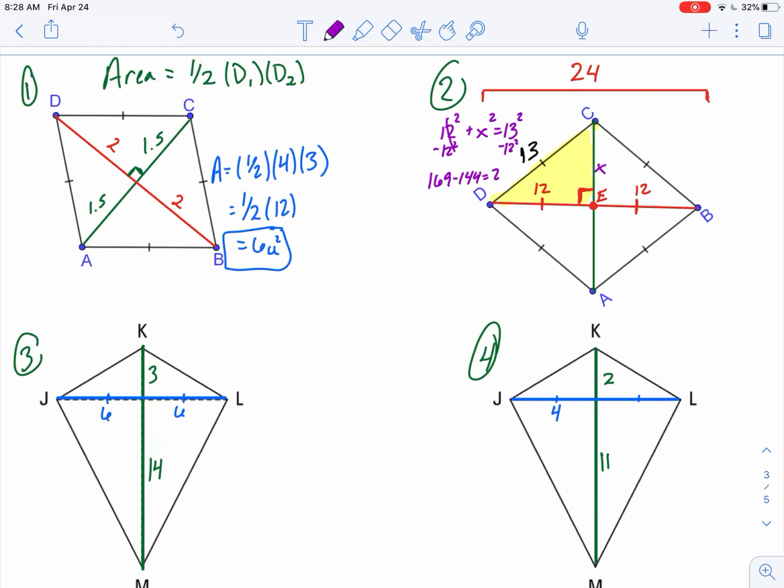And if I take 169 minus 144, if I subtract 12 squared from both sides, it's going to be equal to 25. So x squared is 25, so x is 5.